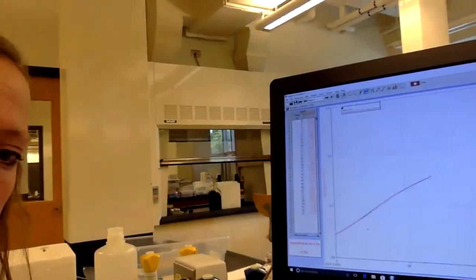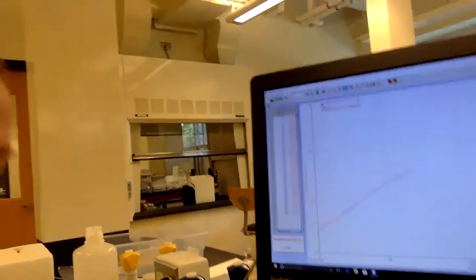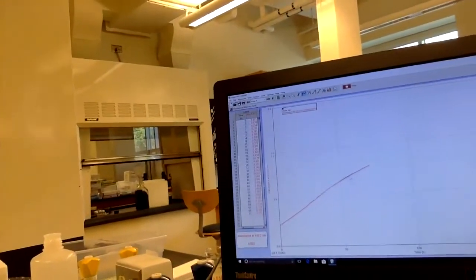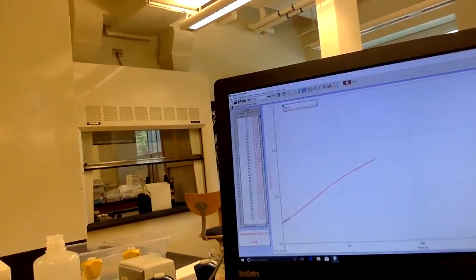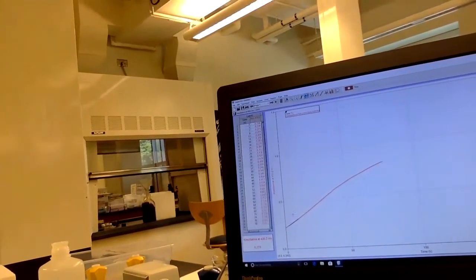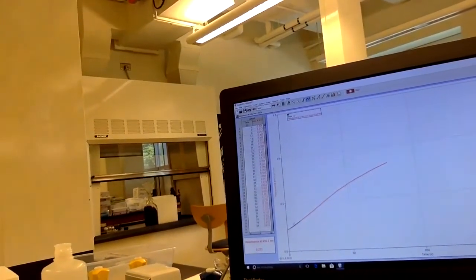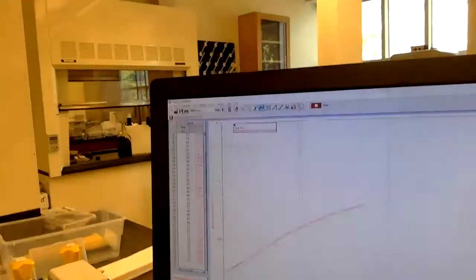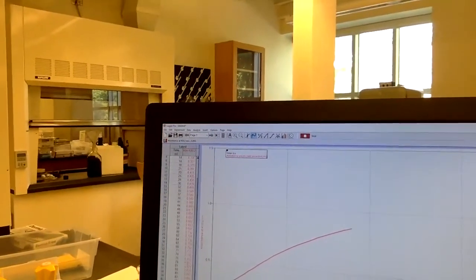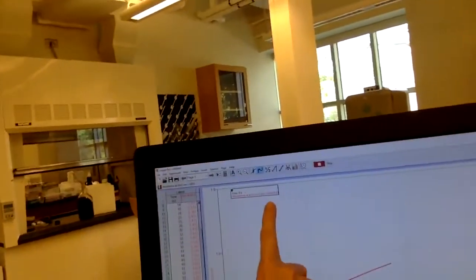You can see the red line is the absorption value as time progresses. And then the black line is my tangent. So I'm just going to hover over the leftmost part of the curve, the initial rate. Okay, so I'm going to take that number then. So that number, when I hover over the leftmost portion here, is given to me up here.